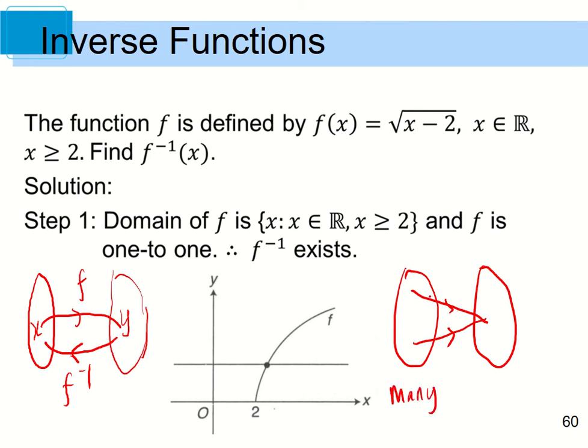If the function f is many to 1, when we reverse this process, it will become 1 to many, and we know that 1 to many is not a function. Therefore, if the function is not 1 to 1, the inverse function does not exist. So determining whether the function is 1 to 1 is very important, because only when the function is 1 to 1 does the inverse function exist.